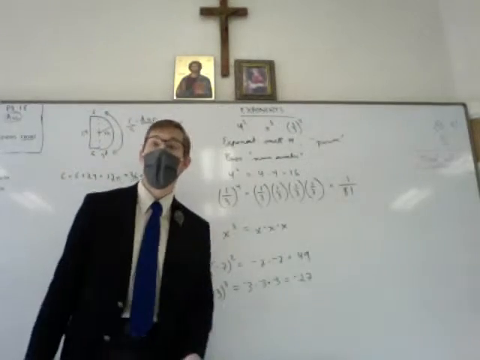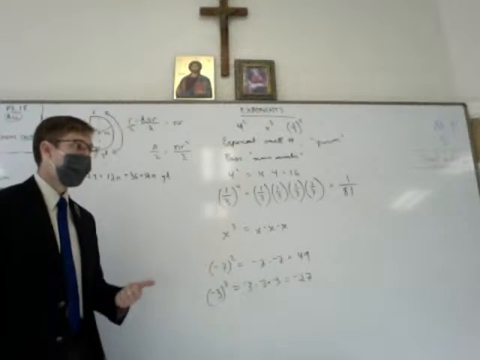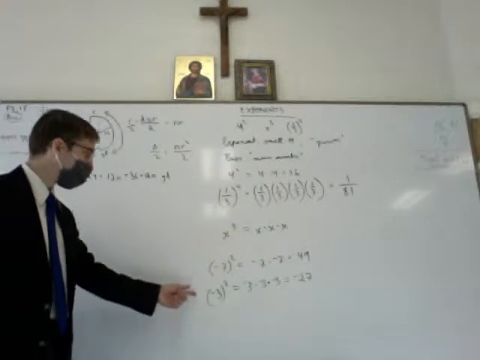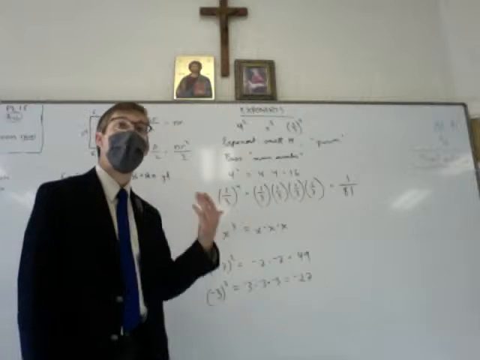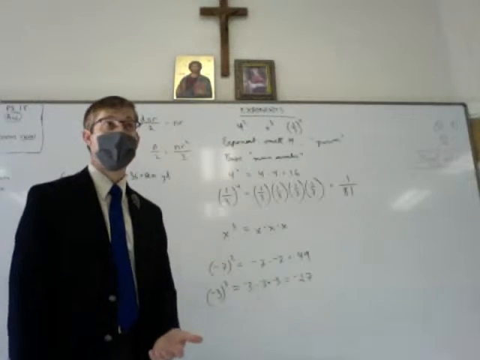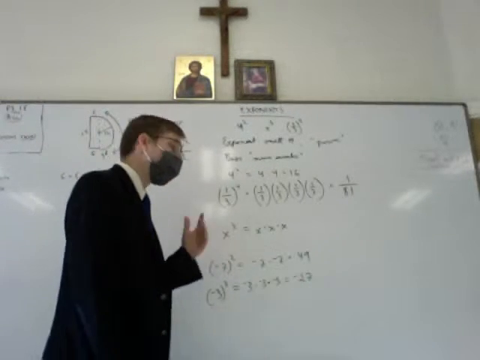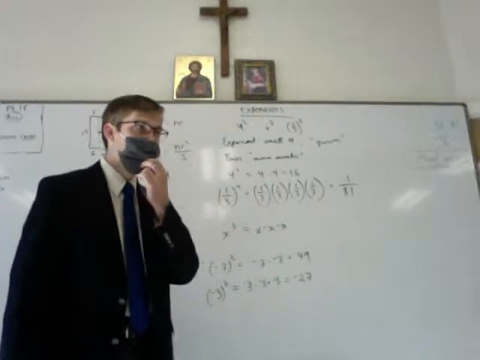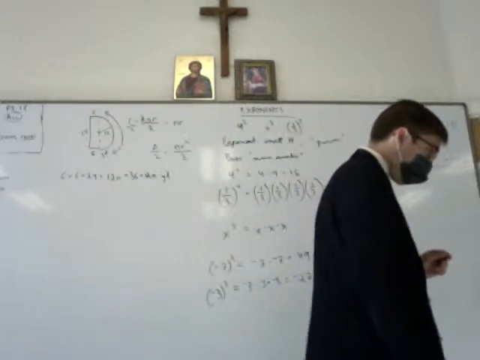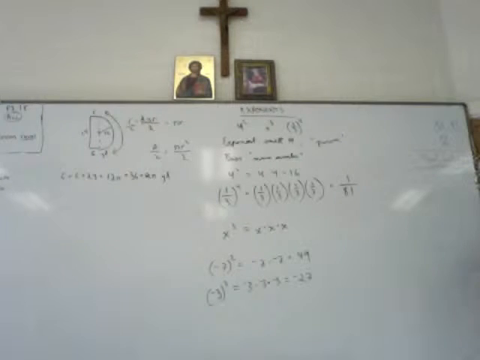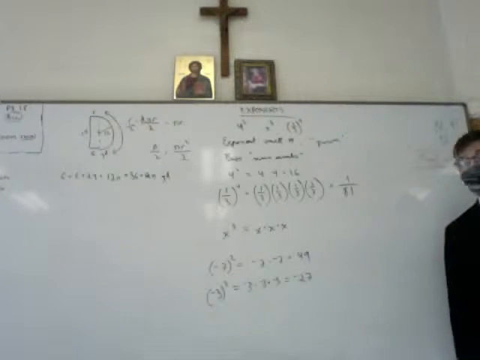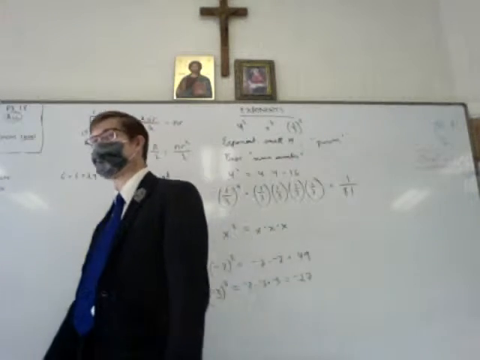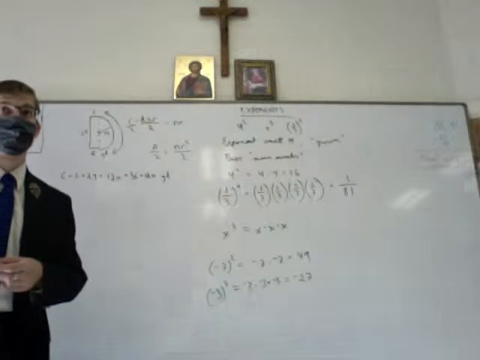If it's an odd power, like 1 or 3 or 5 or 7, it'll end up negative because you have an odd number of negative numbers that you're multiplying together. If it's even, like 2, 4, 6, 8, 10, then your whole answer will be positive because you have an even number of negative numbers being multiplied together and they'll cancel each other out.